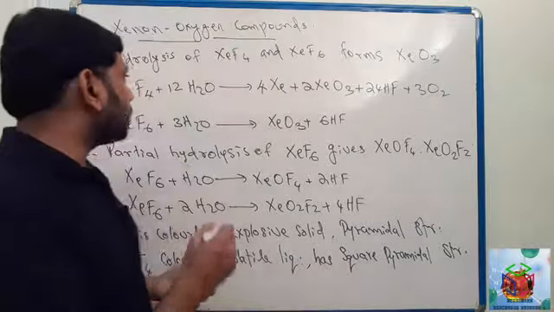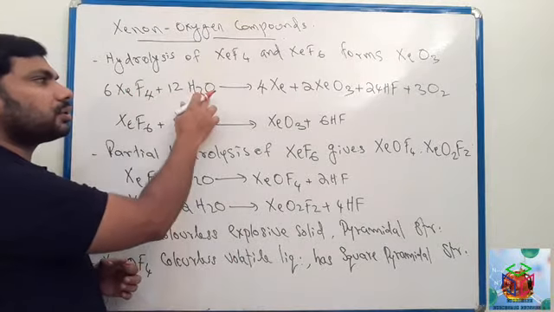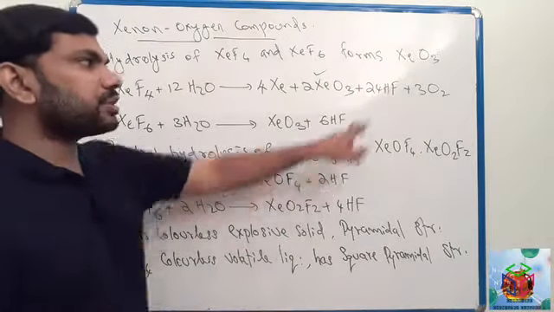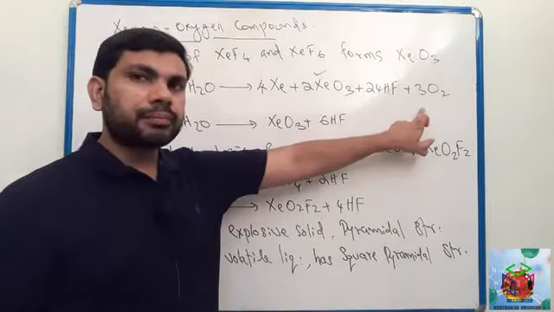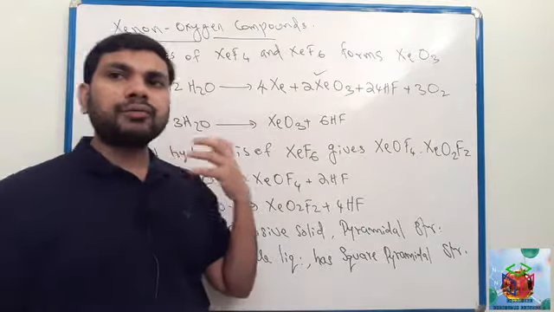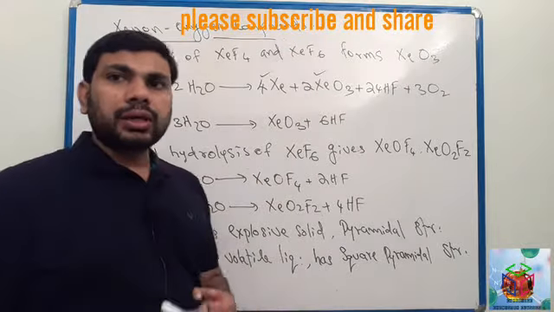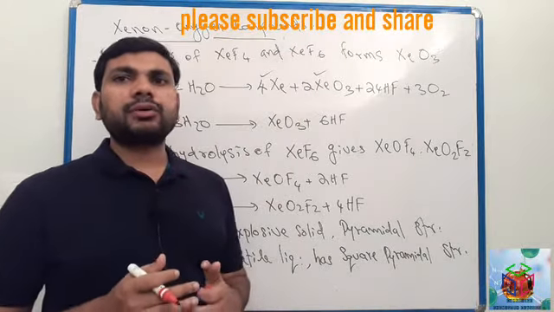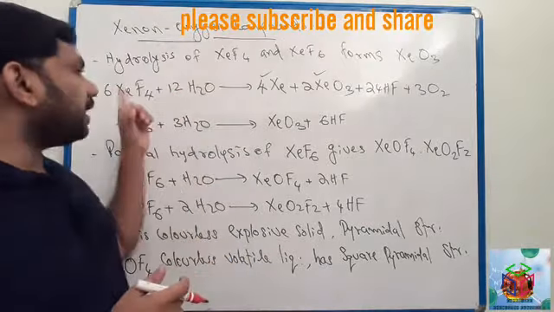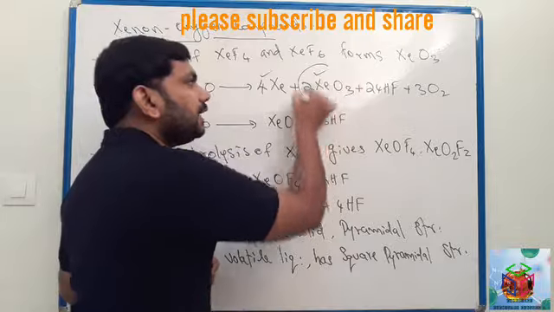See here, xenon fluoride XeF4, after hydrolysis forms xenon oxide XeO3, hydrogen fluoride and oxygen. Also we learned before that xenon fluoride compounds after hydrolysis form xenon. Especially XeF4, after hydrolysis, forms XeO3.